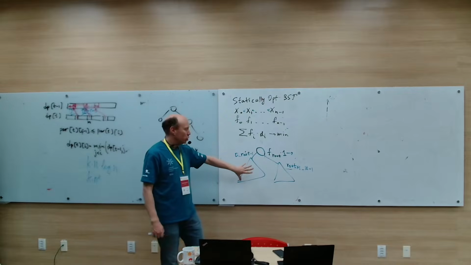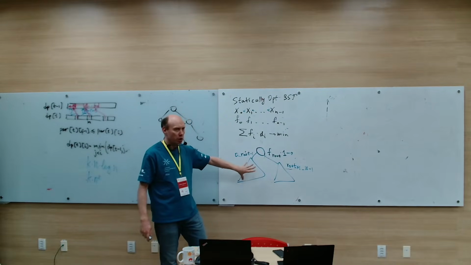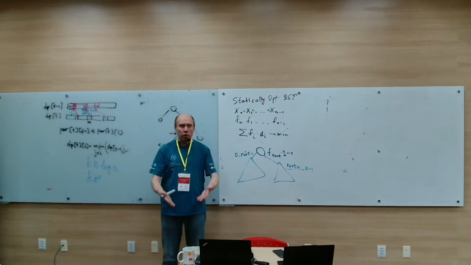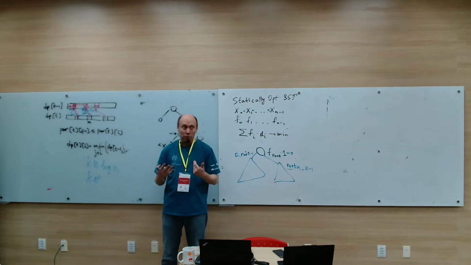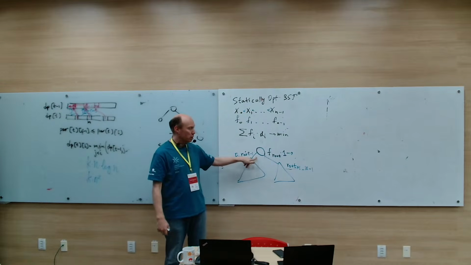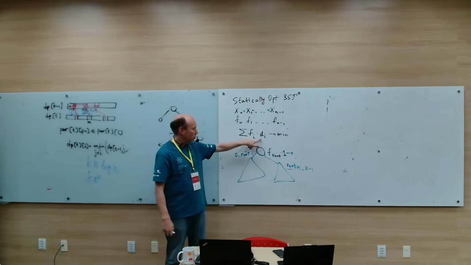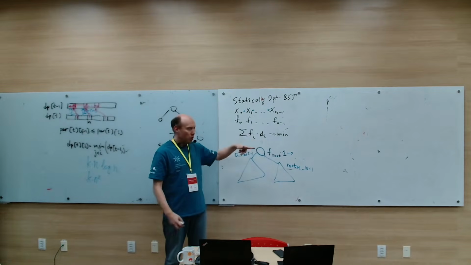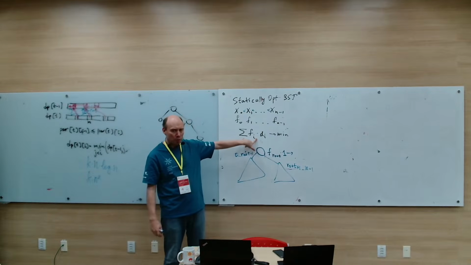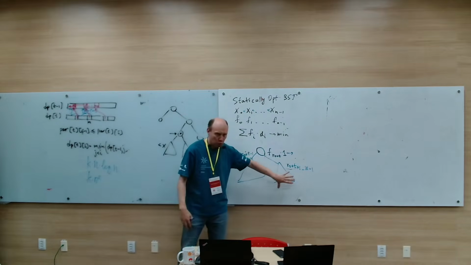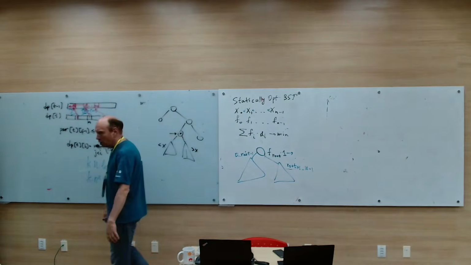Among the different structures of the trees in the left and right subtrees, there is a constant term added to this value, which is the total frequency of these keys, because all their depths are increased by 1. So in this formula, the total sum of frequencies will be added, and it doesn't depend on the structure of the tree. Therefore, we have the same problem for these two subtrees, and they can recursively be solved.